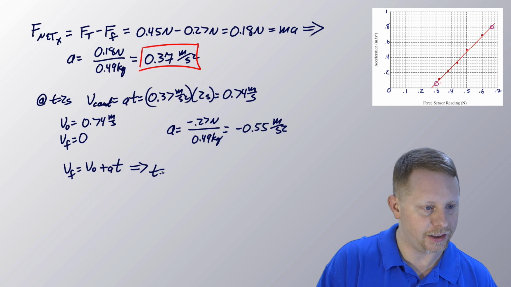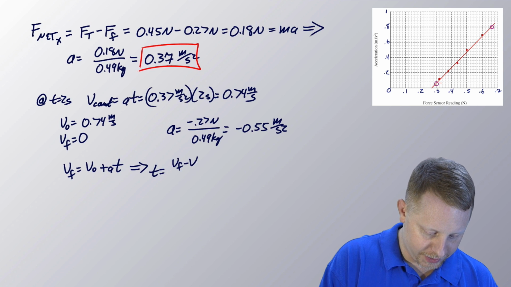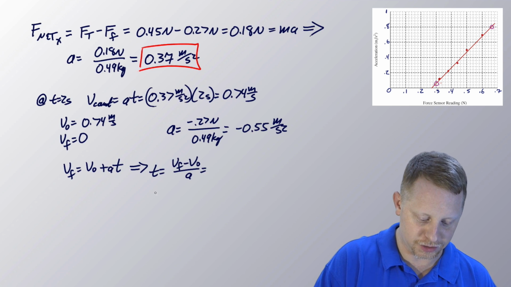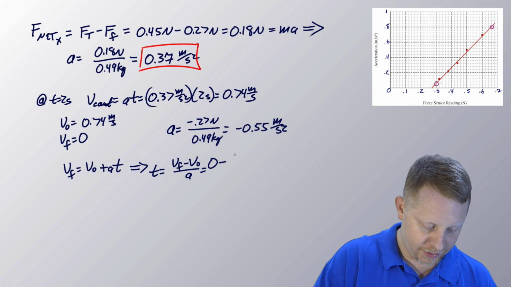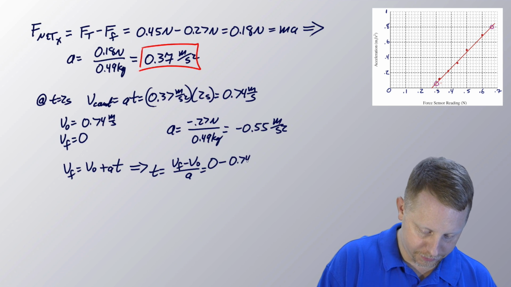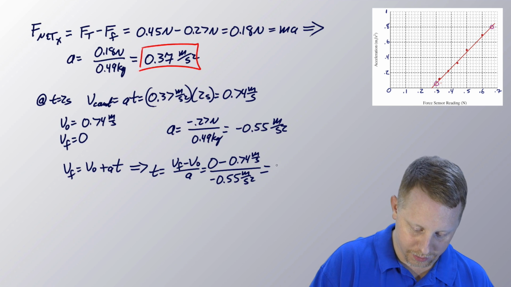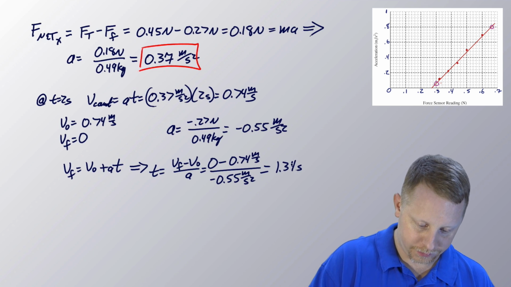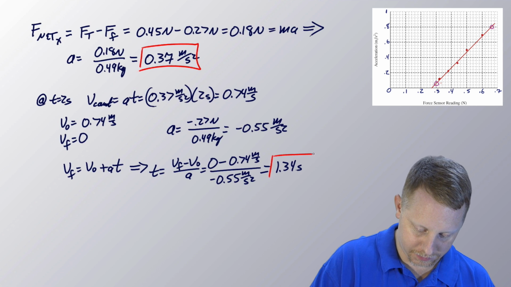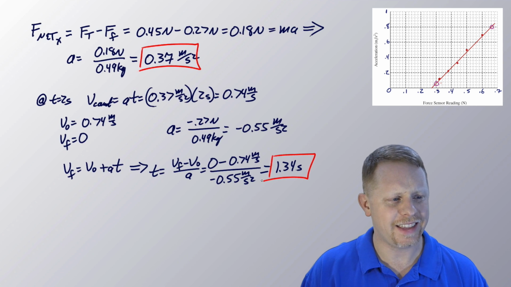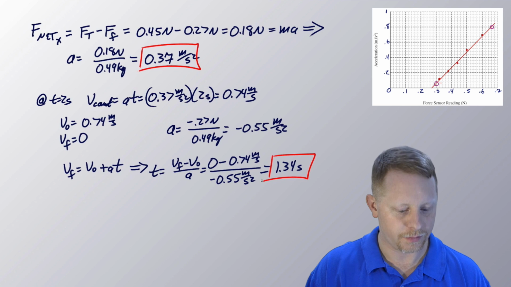Therefore, the time it takes must be v final minus v initial over our acceleration, or 0 minus 0.74 meters per second, over negative 0.55 meters per second squared. And I come up with a time of 1.34 seconds. So I think that covers us for C2.